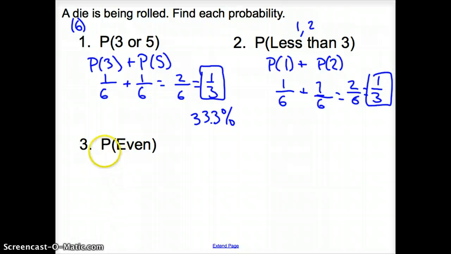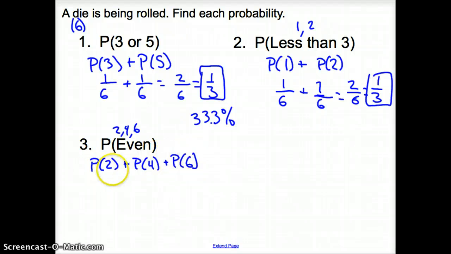Now with number 3, the probability of being even. What even numbers are on a dice? We have a 2, we have a 4, and we have a 6. So we have the probability of a 2 plus the probability of a 4 plus the probability of a 6. Written algebraically, probability of a 2, we have 1 2 on a dice over a total of 6 numbers.